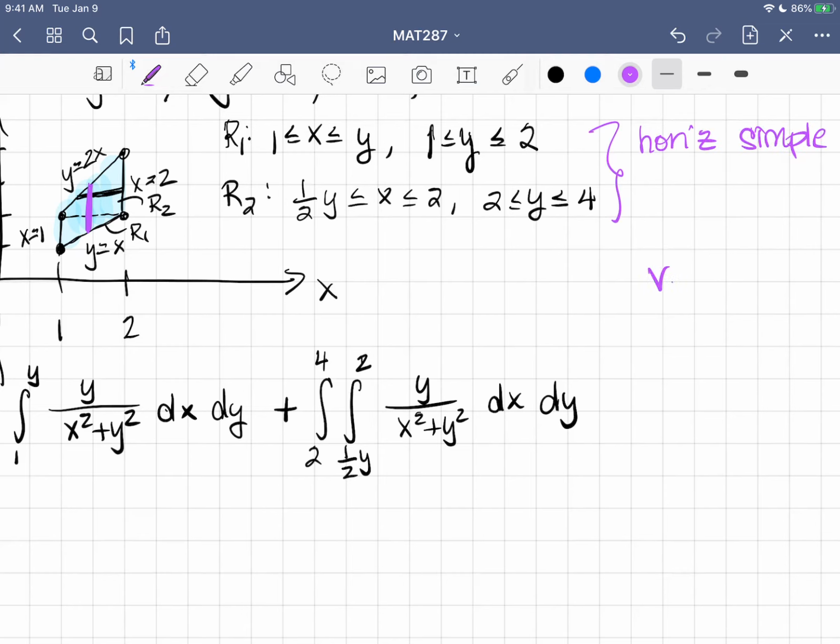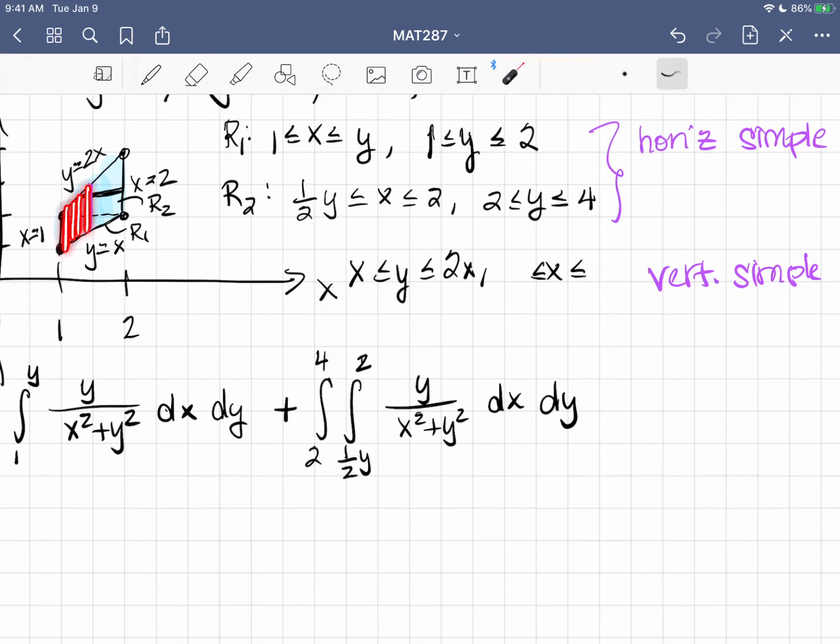And now we want to do vertically simple. And now my bounds on y are just from x to 2x, and my bounds on x are from, well, x goes from 1 to 2.